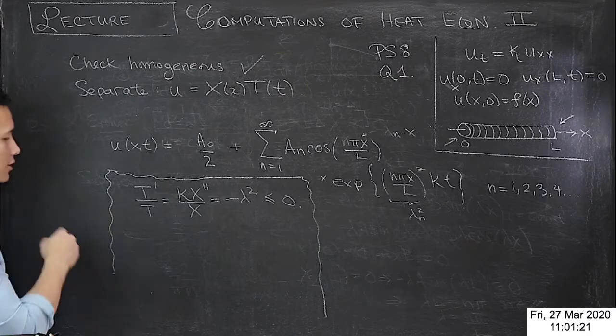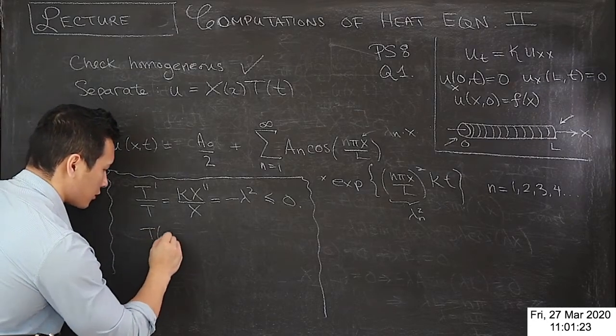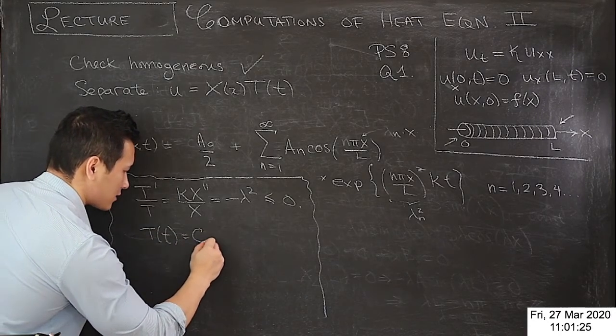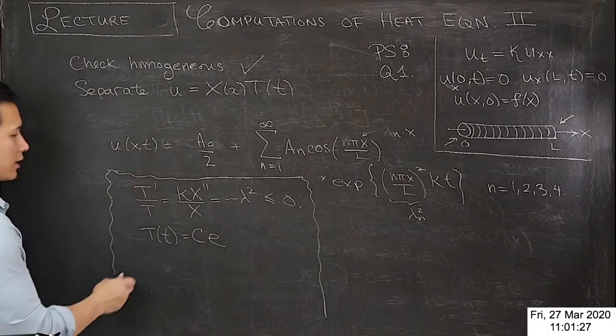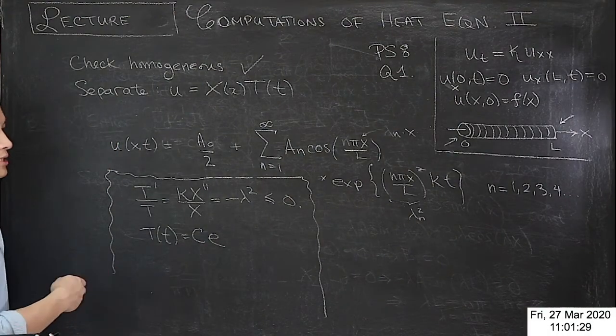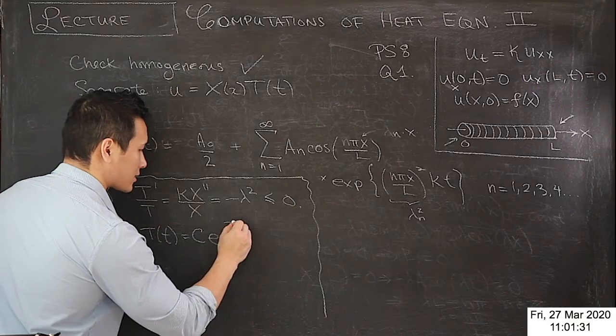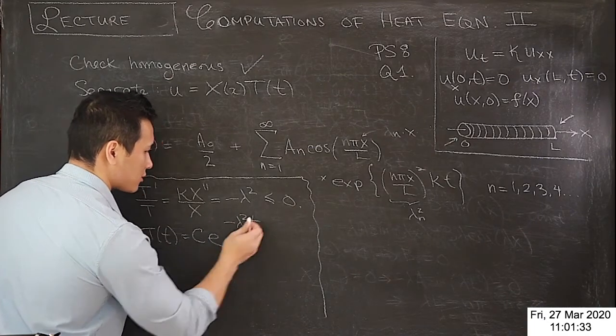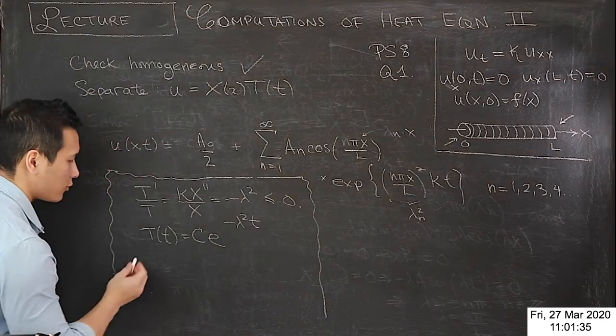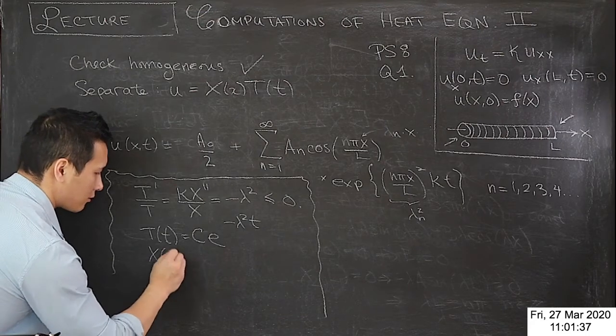When you solve those ODEs, your time equation is a constant times an exponential, and instead of a lambda squared kappa t, this is now just a minus lambda squared times t. So there's no kappa here, but you get it in the x factor.